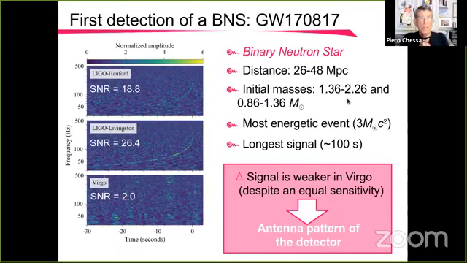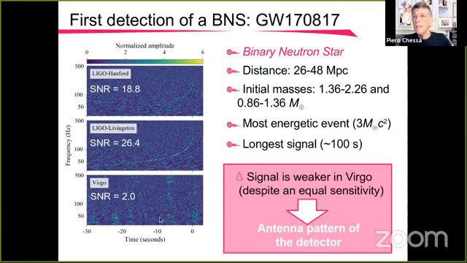And this here is the first detection of a binary neutron star. It comes from observation of LIGO and Virgo as well together. You can maybe notice that the signal from Virgo is weaker than the two others, and the signal in Hanford is weaker than the signal in Livingston.